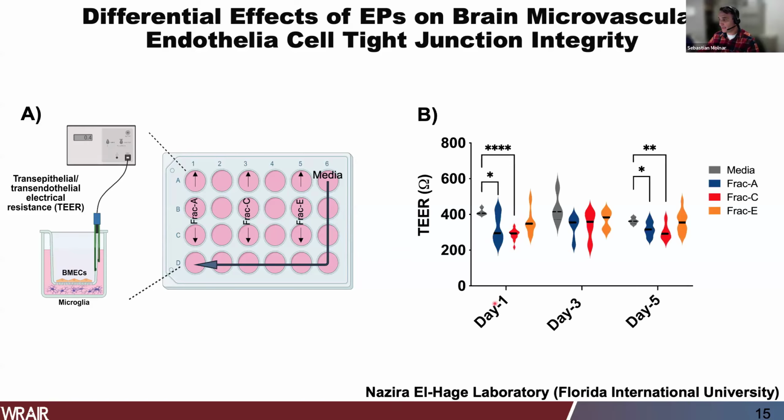This indicated that on day 1, the wells treated with fractions A and C had a reduced TEER resistance, indicating that the virus in those two fractions was able to create holes or pores in this membrane barrier. On day 3, the significance went away, and on day 5, the significance came back for fractions A and C, but not for fraction E.